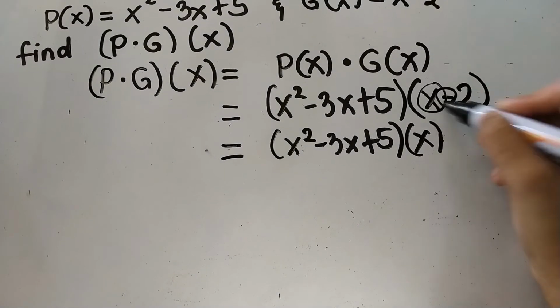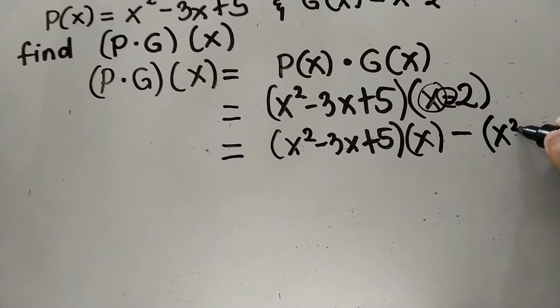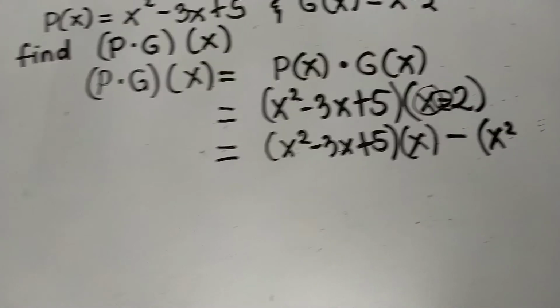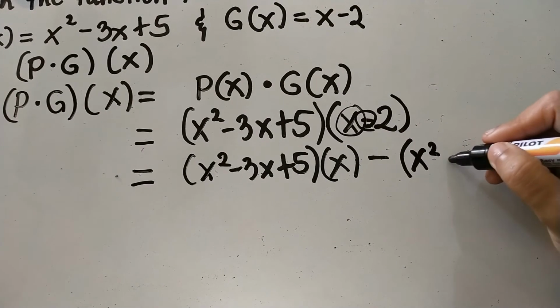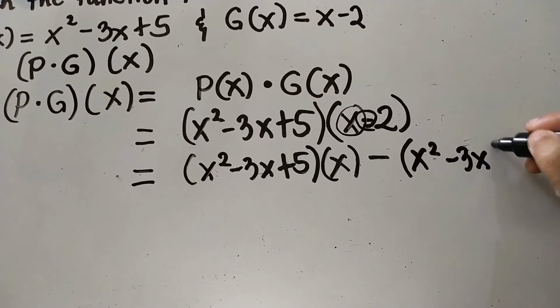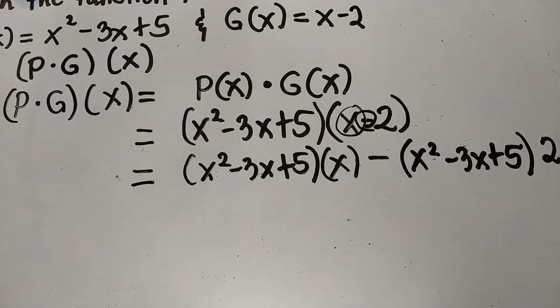Tapos, ito, minus 2, x squared minus 3x plus 5 times 2. Tama ba ako?